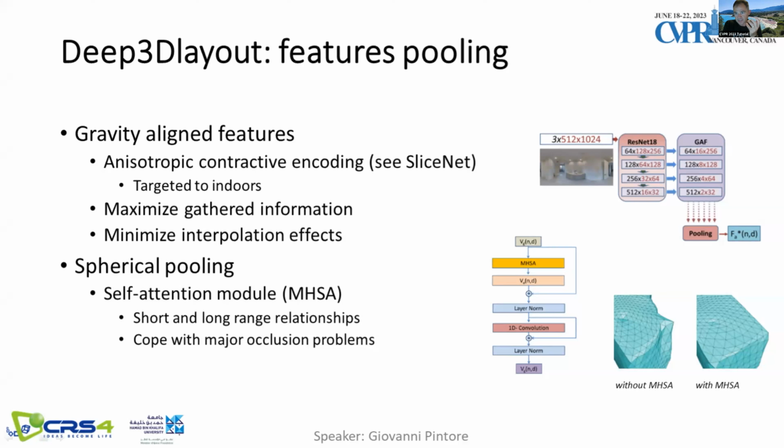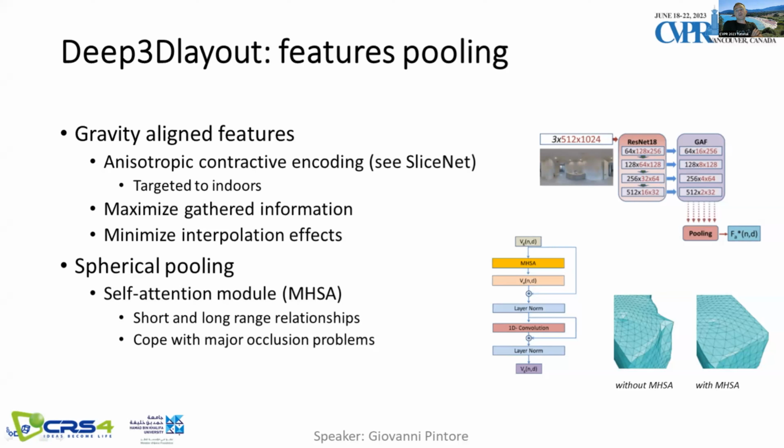We reduce the size of the network in this way, minimizing also the interpolation effects between world and image space. So we, in some way, try to gather more information using compressed features.